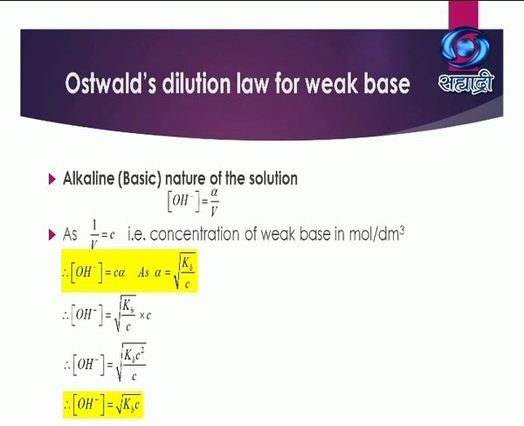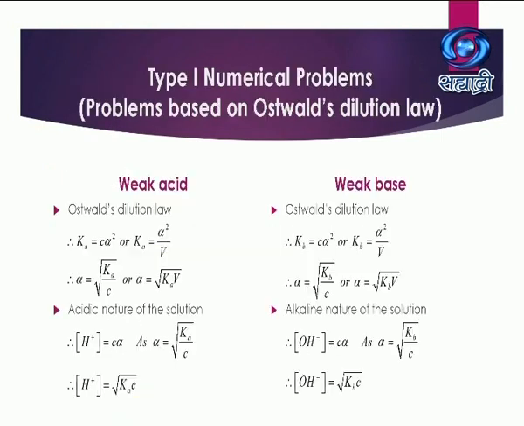Now, in terms of alpha, the concentration of OH minus ions is calculated as C into alpha. And in terms of the dissociation constant of the base, the active mass or equilibrium concentration of OH minus can be calculated as under root Kb into C.